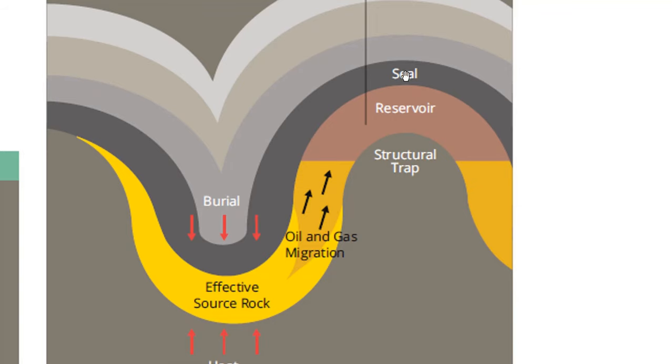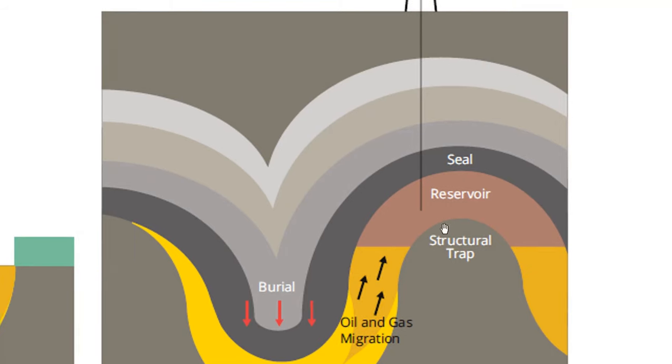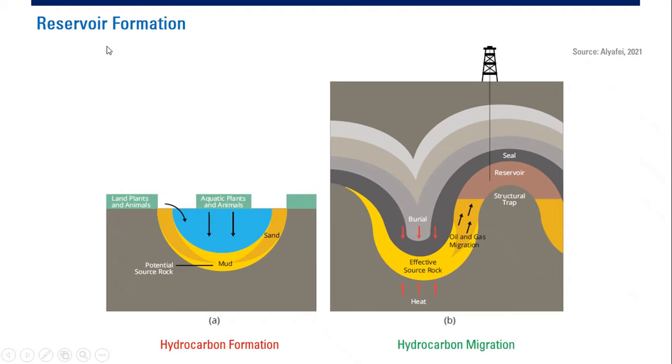And because of this seal, oil and gas cannot go above, cannot go to the upper zone, and it will be stored here. It will be trapped. It will be accumulated in this layer, and we call this layer reservoir, oil and gas reservoir. So that's the process of reservoir formation.